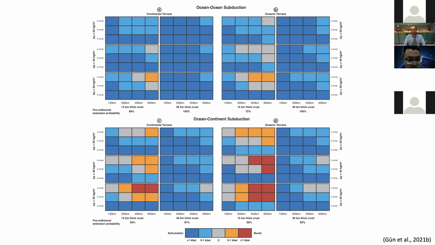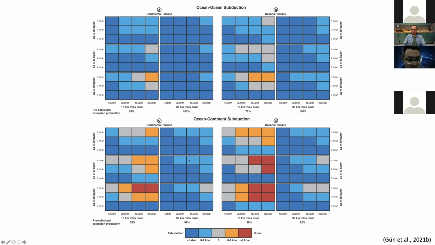What you can see is a clear pattern here. When the crust is 30-kilometer thick in these microcontinents, we see mostly extension, either in ocean-continent or ocean-ocean subduction, and whether the terrain is oceanic or continental. If the crust is thick, we see mostly extension in almost every case, except the gray ones, which show no significant deformation.